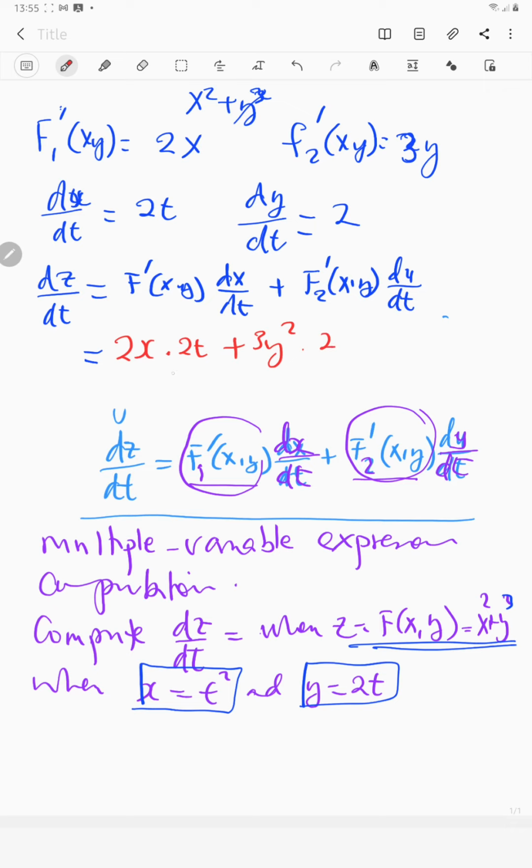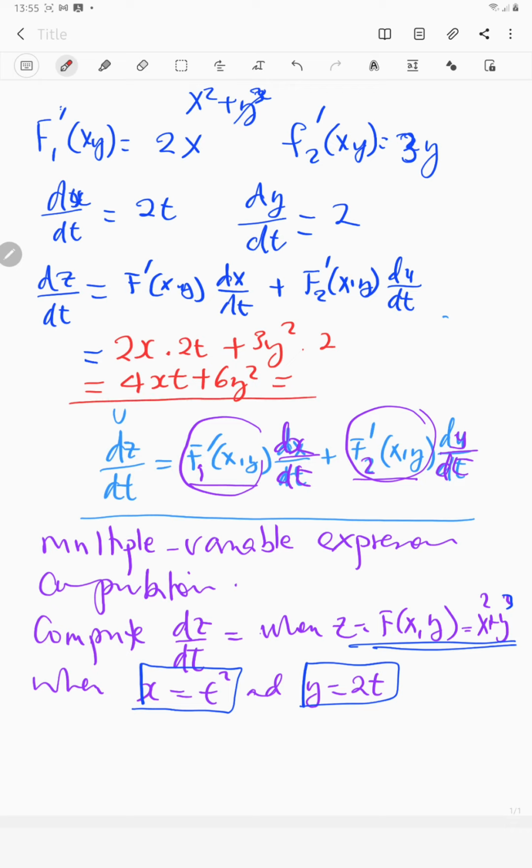So at the end of the day, we have the value equal to 4xt plus 4y.